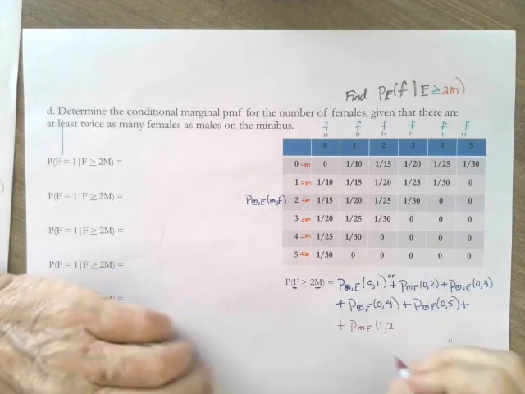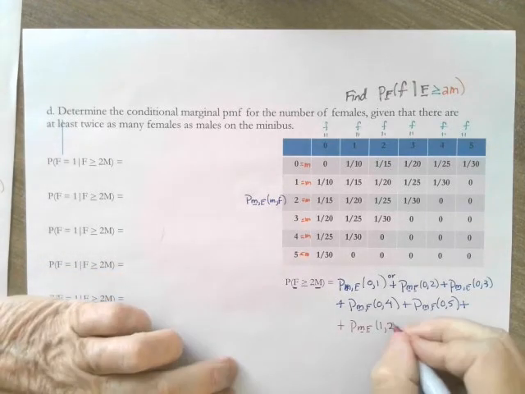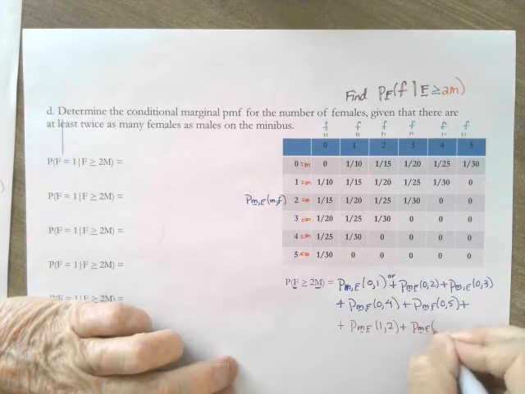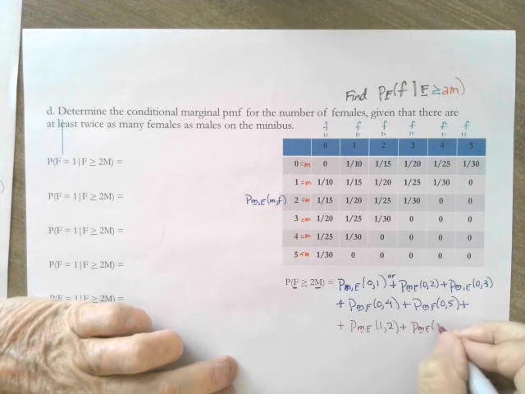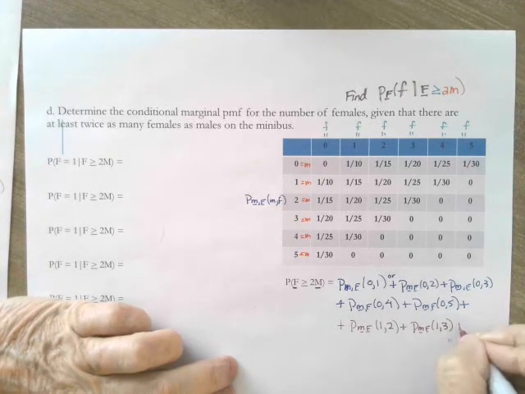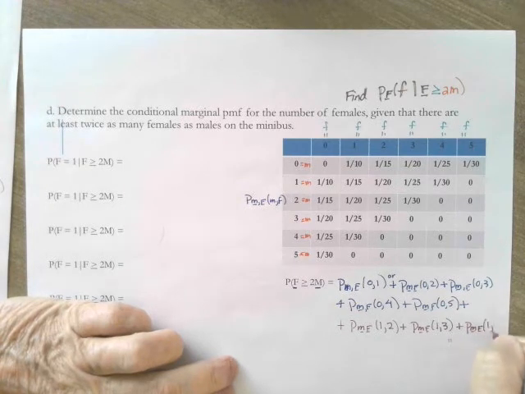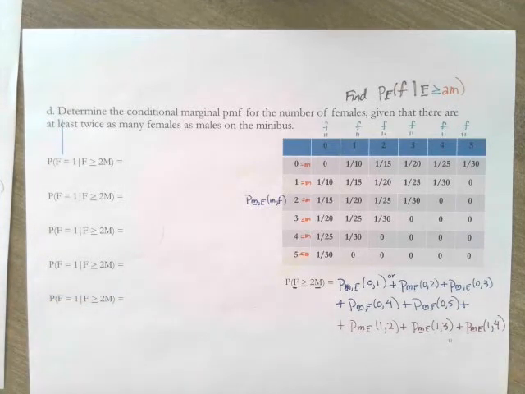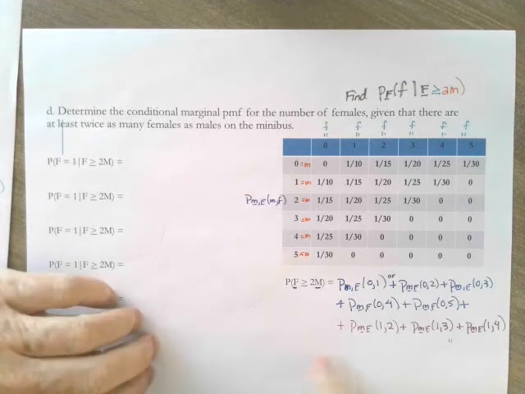Does that work out? Yeah, that's right. Or we could have 1 male, 3 females. That fits, right? Or we could have 1 male, 4 females, but we can't go 1, 5, because remember 1 plus 5 can't be bigger than 5. And then is there still anything else? I think that's it, right? We can't have 2, so this is it, we're done.